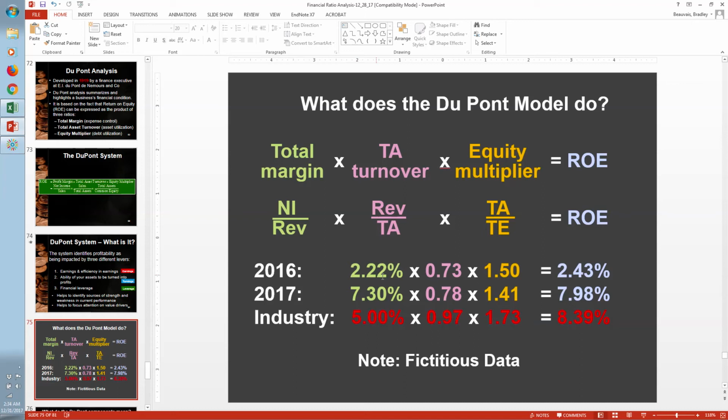So as we look at a couple different years of fictitious data, we see a sizable jump in total margin, and pretty stable amounts in the asset turnover and equity multiplier lines. So of course this is the source for our overall jump in return on equity from 2.4 to 7.9, almost 8%.